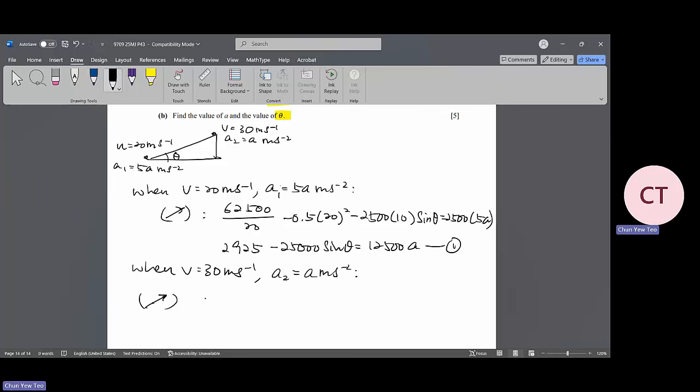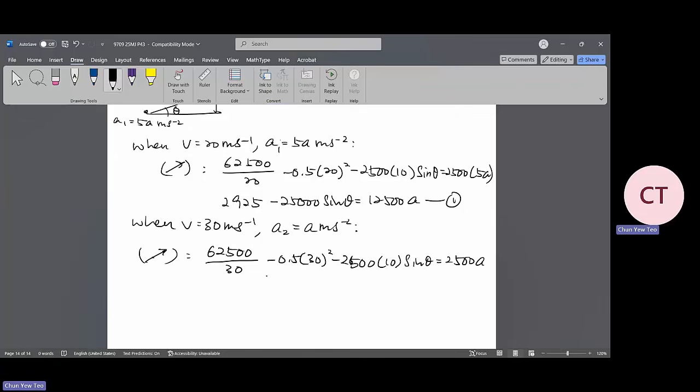So the driving force still, the power is still 62,500, but this time your velocity is 30, minus kv², minus mg sin theta, is equal to 2,500a.